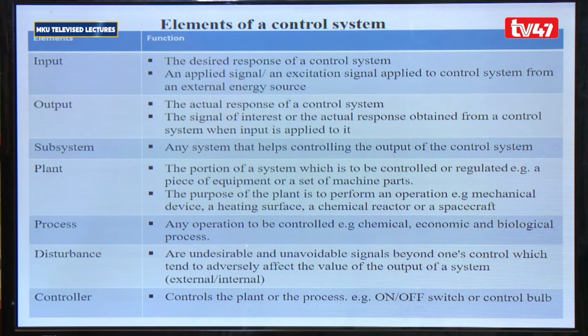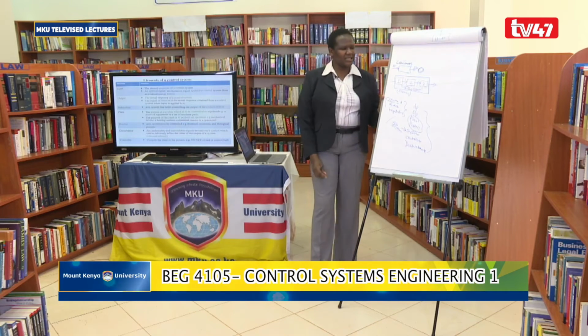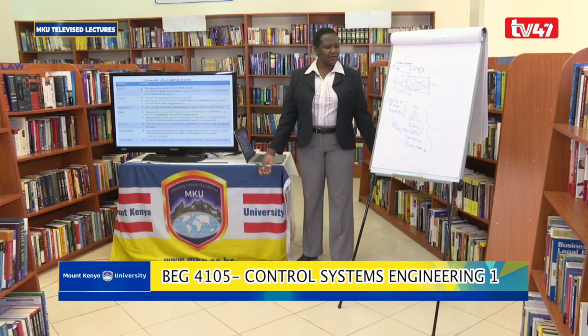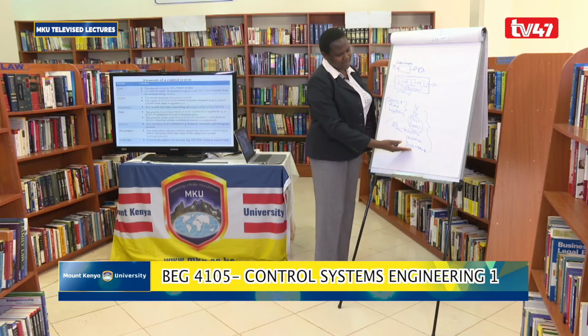Plant is the portion of a system which is to be controlled or regulated. Process is any operation to be controlled. We can have chemical process, economic process, biological process, and all that. Then disturbance is any undesirable and unavoidable signal beyond one's control. When you are trying to make some control in your system, all of a sudden a disturbance occurs.